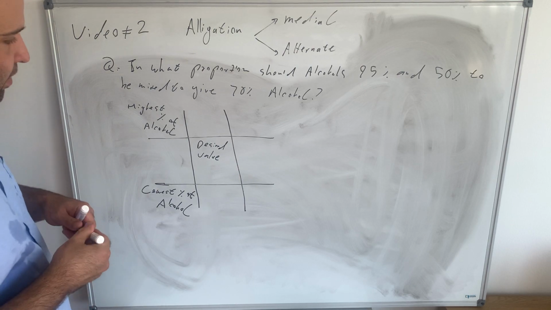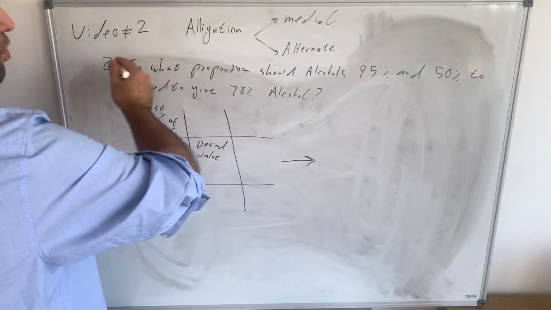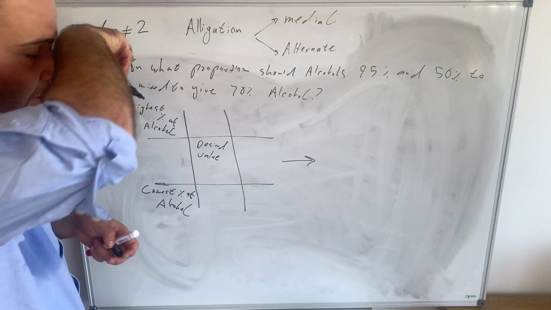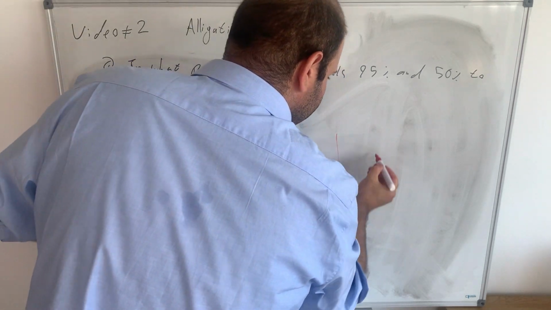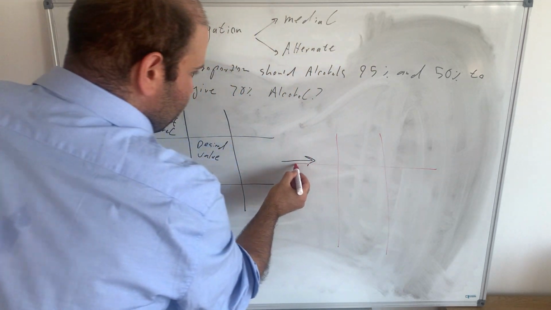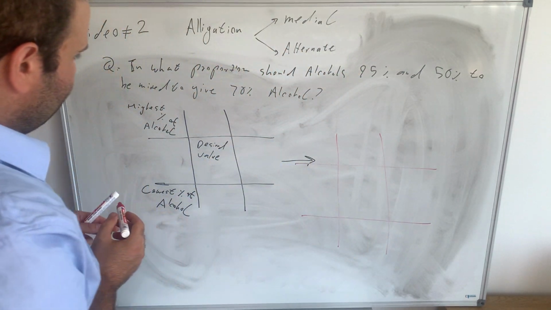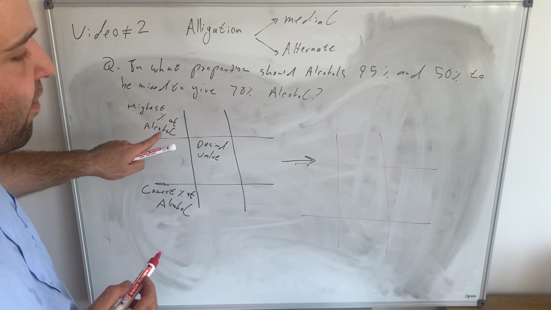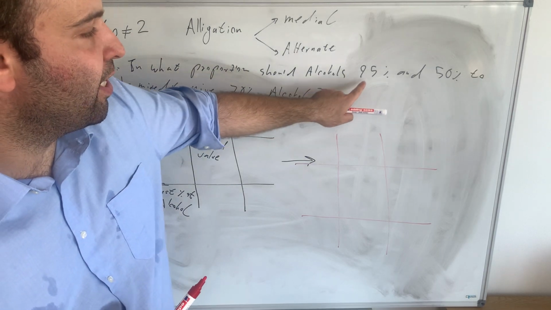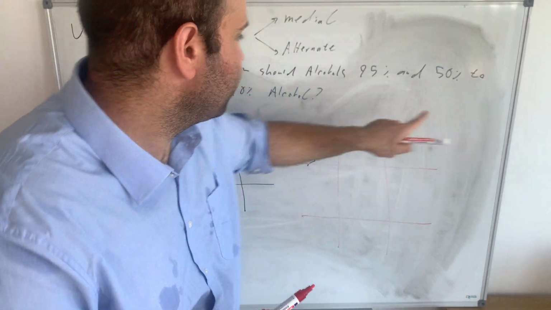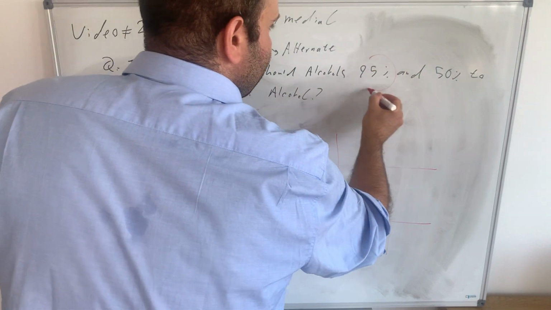So how can I use the data in our question to solve the problem? You put the highest percentage of alcohol here. What is the highest percentage? In what proportion should alcohols 95% and 50% be mixed to give 70%? The highest here is 95%.